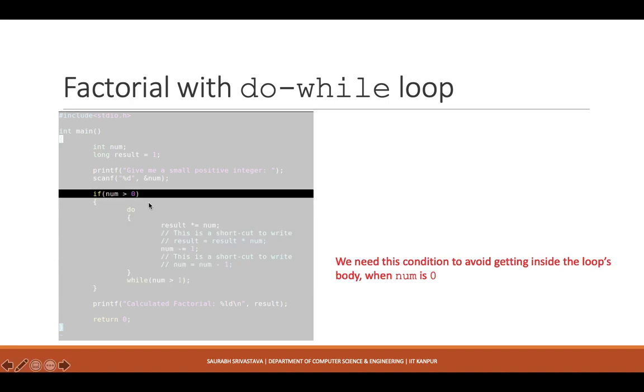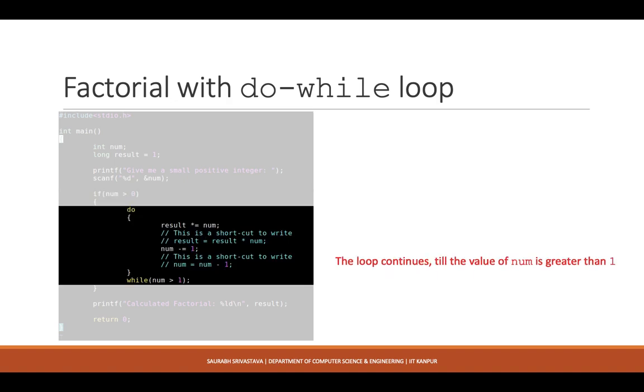I do need an if condition here. Why? Because by convention, I know that factorial 0 is 1. It is possible that the user might give me num's value as 0. 0 is a valid value, by the way, to compute factorial. In which case, if I allow this loop to run, let's go back here.